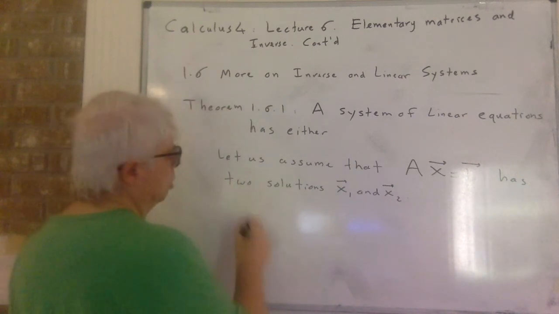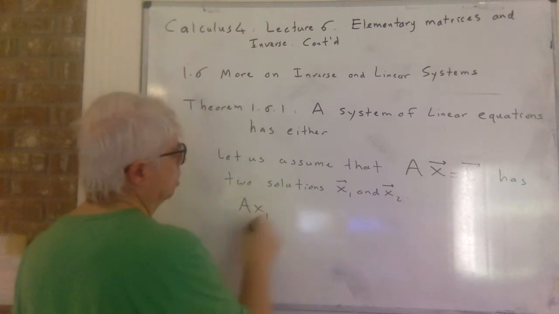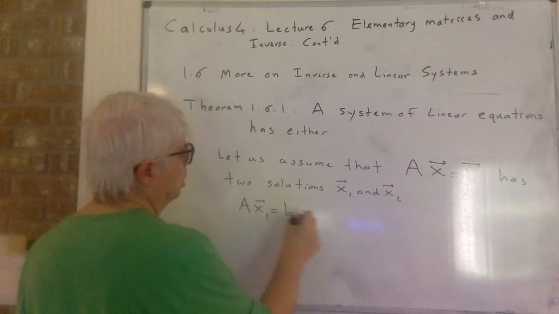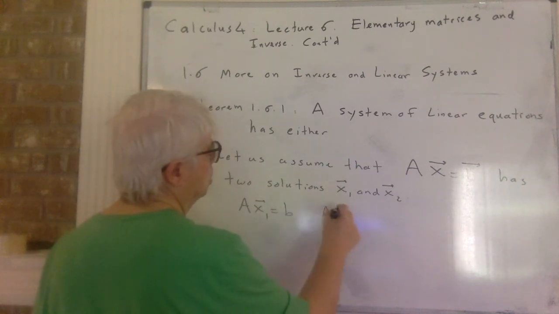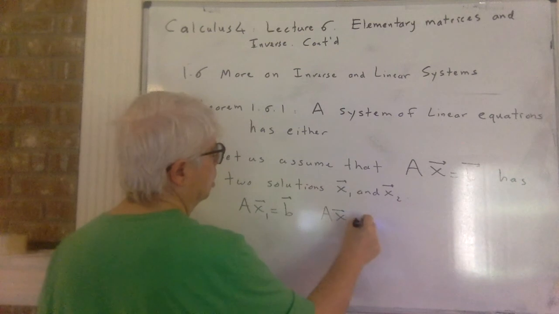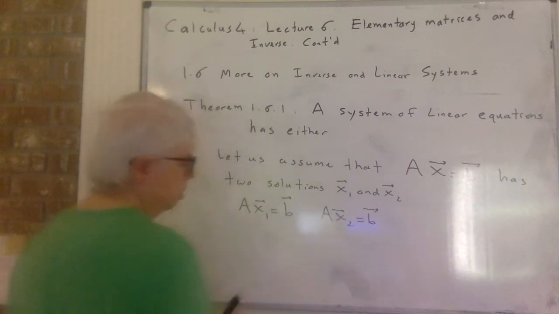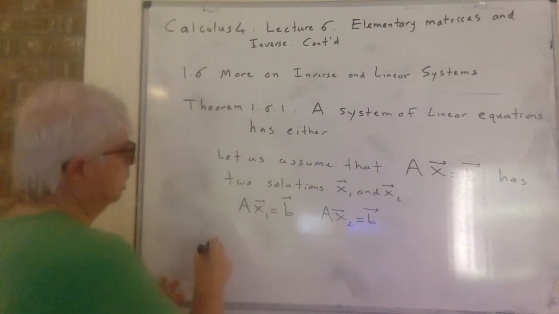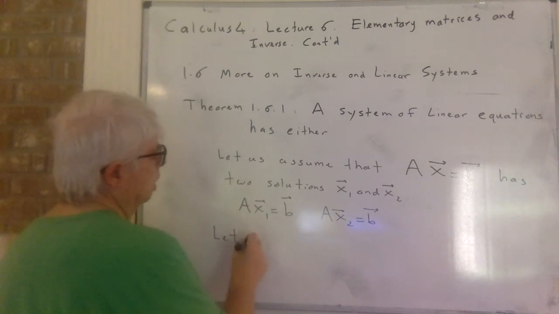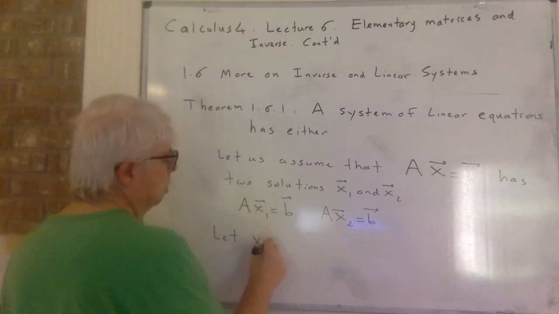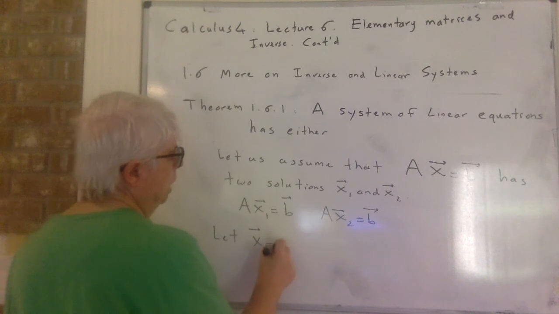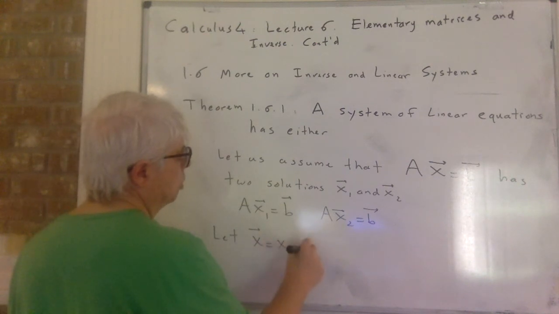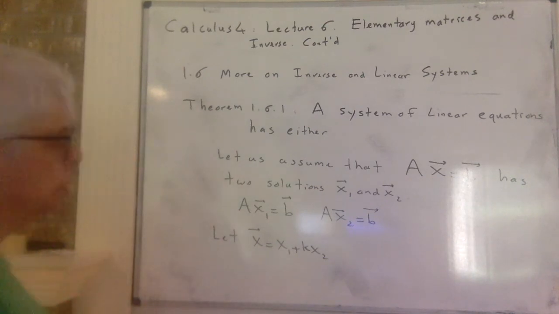So I have A x1 equals b and A x2 equals b. Let x be, say, x1 plus some constant times x2. And let's assume x1 and x2 are different.